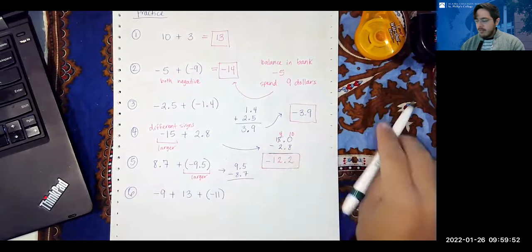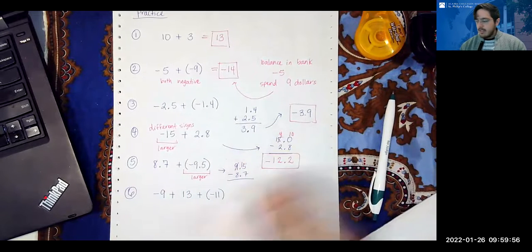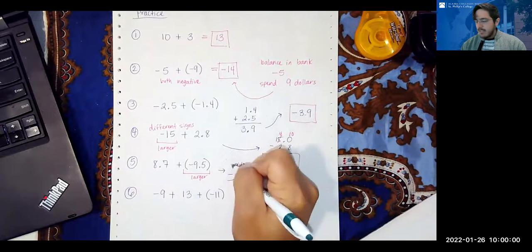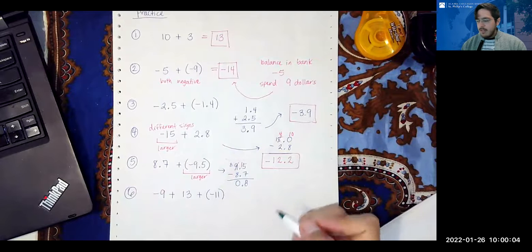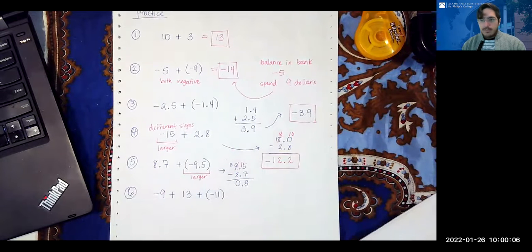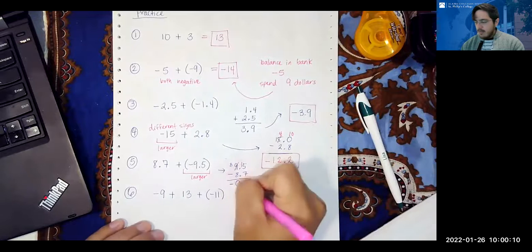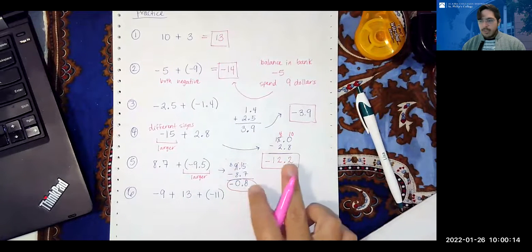Here we have to borrow. So 15 minus 7 should be 8. And then 8 minus 8 should be 0. Since the larger is negative, we should have a negative result. Was anybody having any questions with these two?